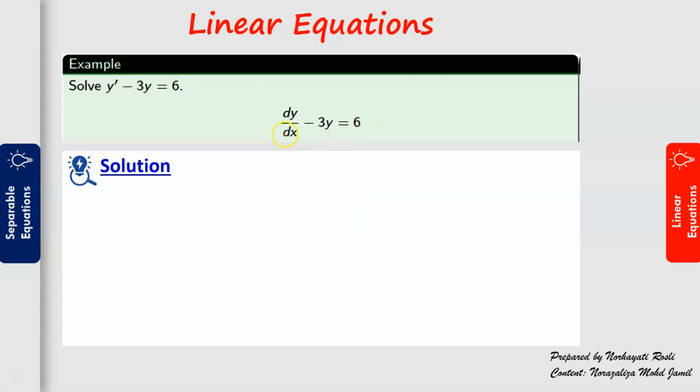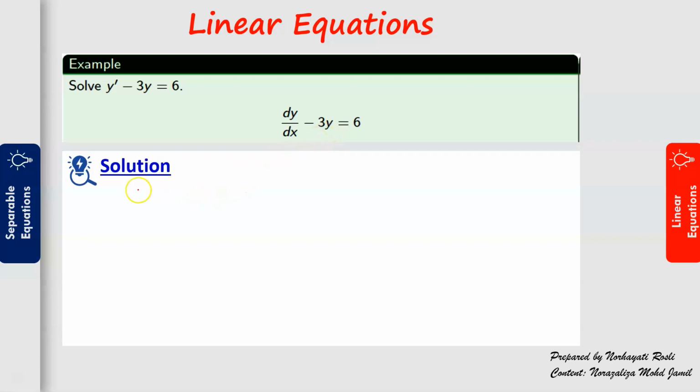There is no multiplication with the dependent variable and the degree of this dy/dx is 1. And you see here minus 3y; the degree of this y is also 1, with no multiplication with any dependent variable function.